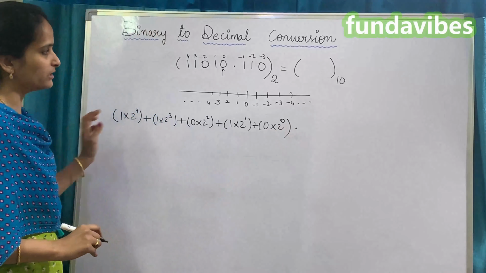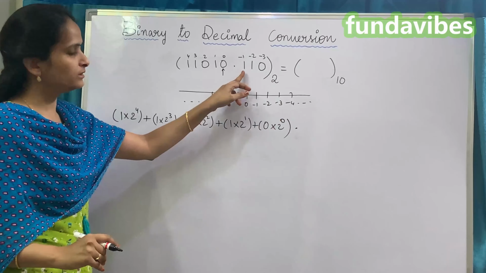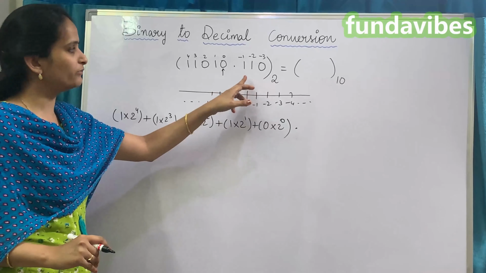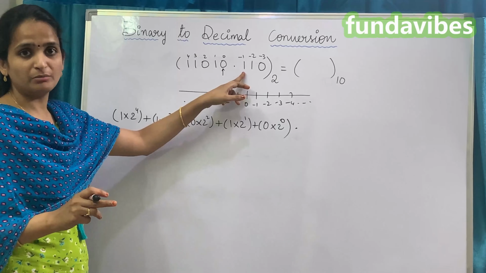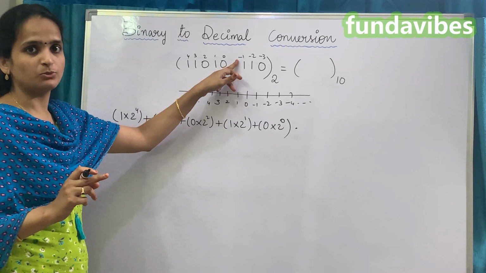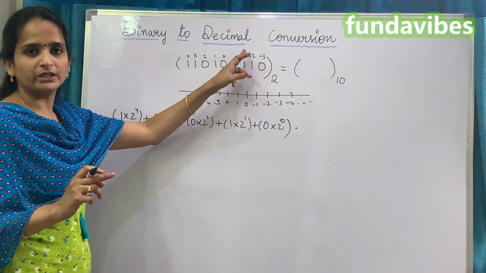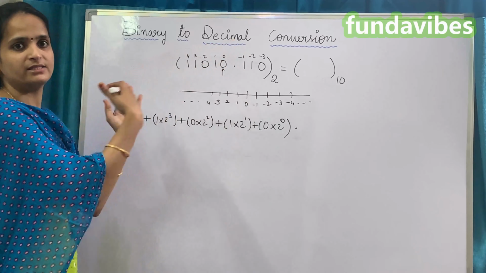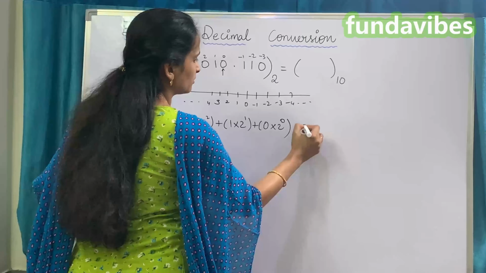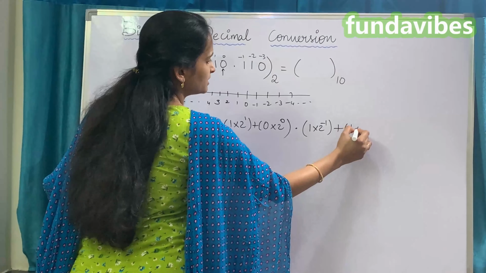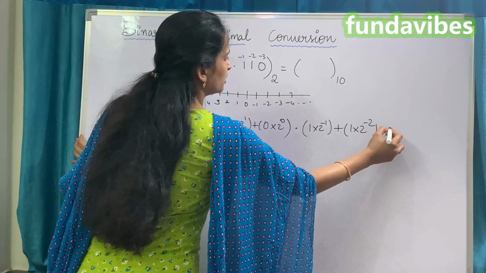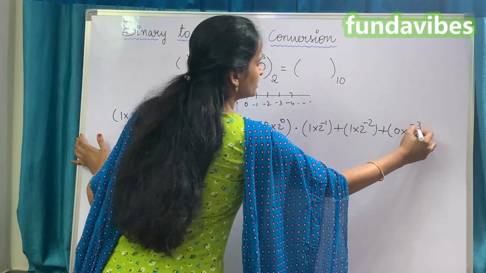Point, and this is the decimal point, and after the decimal point we have 3 bits, 1, 1 and 0. So the first one should be multiplied with 2 power minus 1, the second with 2 power minus 2, and the third with 2 power minus 3 and so on. 1 into 2 power minus 1 plus 1 into 2 power minus 2 plus 0 into 2 power minus 3.